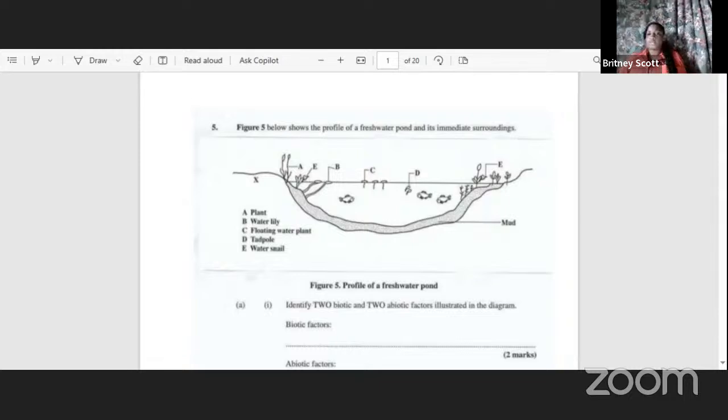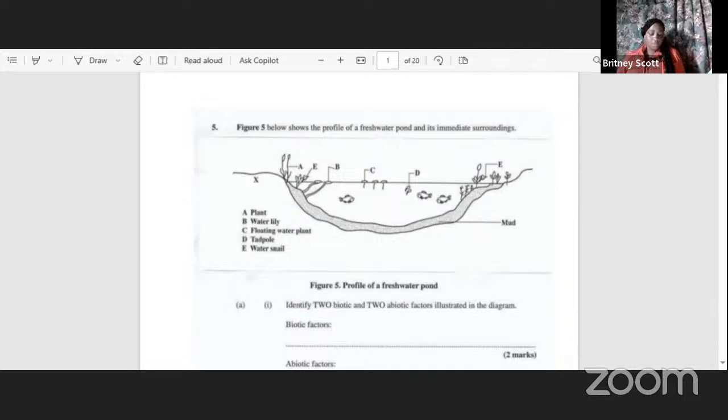Everyone, so I'm going to start now. Are you able to see my screen? Kishan, I'm speaking.